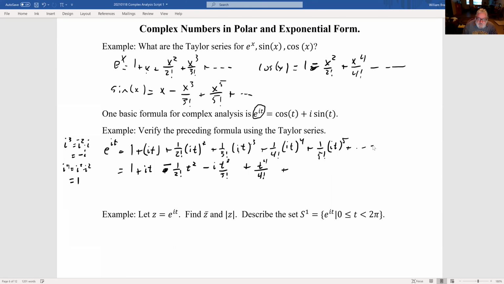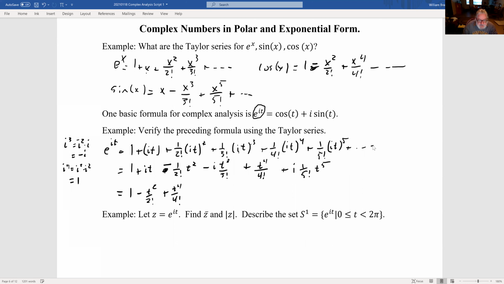What about i to the 5th? Well, i to the 4th is 1, so i to the 5th is i times i to the 4th, which is just i, so that becomes plus i 1 over 5 factorial t to the 5th. Great, so what's the real part? 1 minus t squared over 2 factorial plus t to the 4th over 4 factorial.